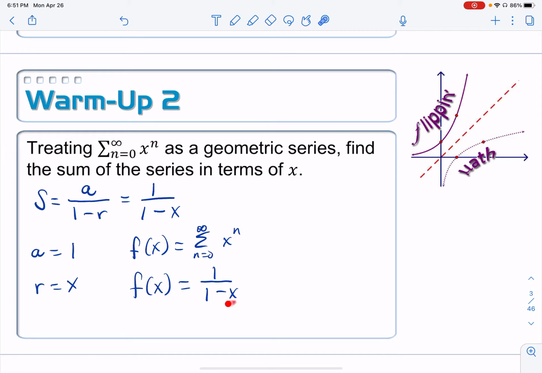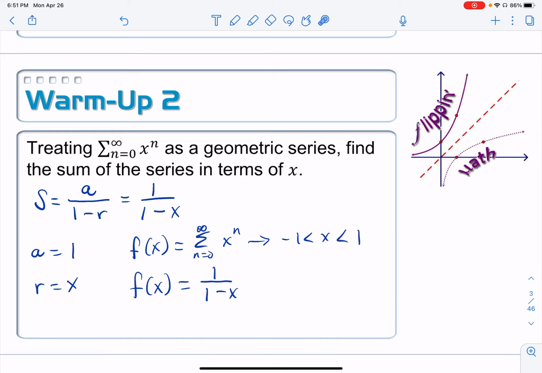Isn't this just like an algebraic function? This is a rational function, something that you learned to graph back in Algebra 2 and probably perfected in pre-cal with some asymptotes and all of that stuff, right? So, a couple things. We just said that the interval of convergence for this was from -1 to 1.